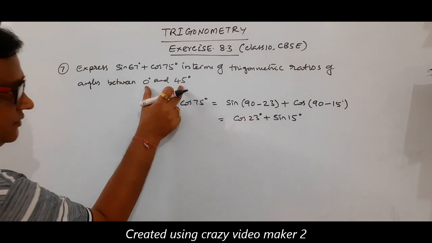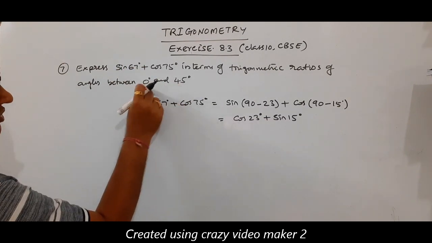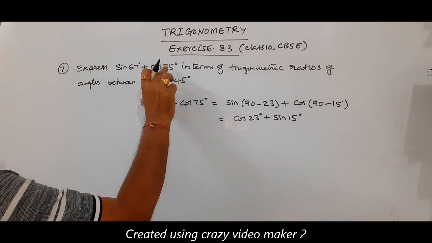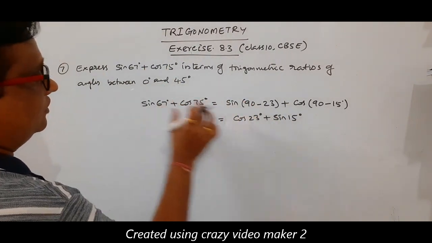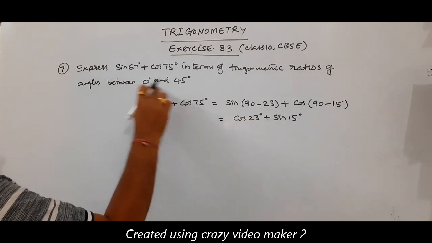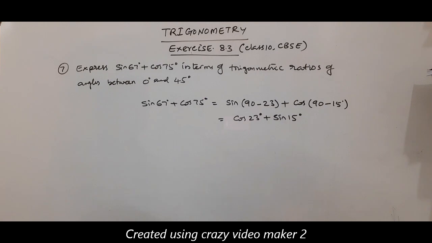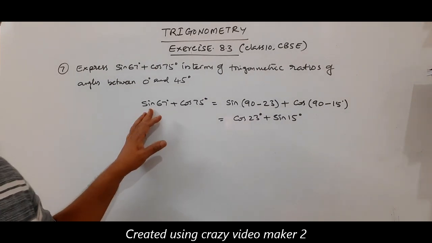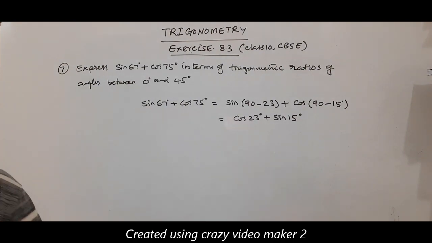Only in this range we are going to write: 67 converts into 23, and 75 into 15. So while you are taking these parts, think about these complementaries. The complementary of 67 is 23, the complementary of 75 is 15. So this is cos 23 and this is sin 15 degrees. Okay, thank you.